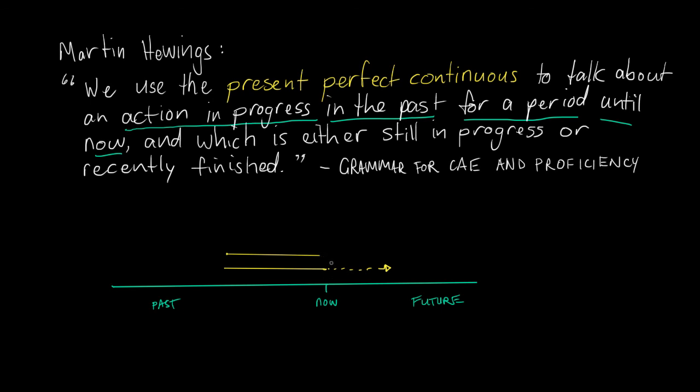This one's ending just before now. So we have two different options here. We have one that is still in progress, which is this case here, number one, or recently finished. So it's finished just before now. So if you can see these two setups, then you have the right, I guess you could say, to use present perfect continuous. And that's all for now.